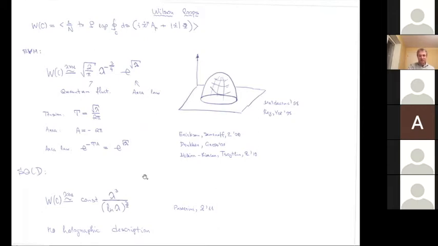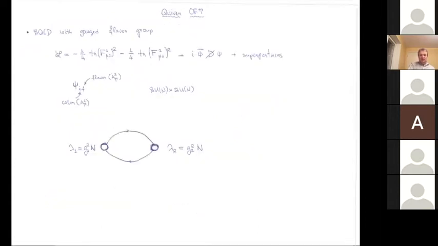For super QCD, the Wilson loop simply does not exponentiate. It goes as a third power of the coupling with some logarithmic corrections. So there is no simple holographic description.